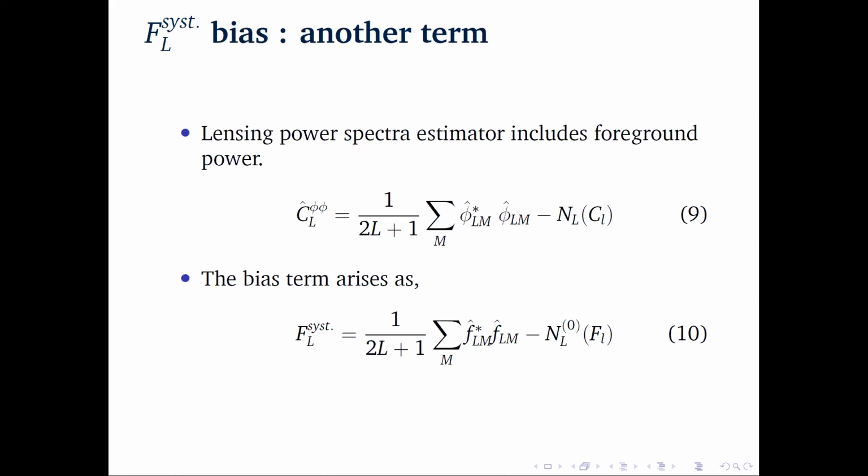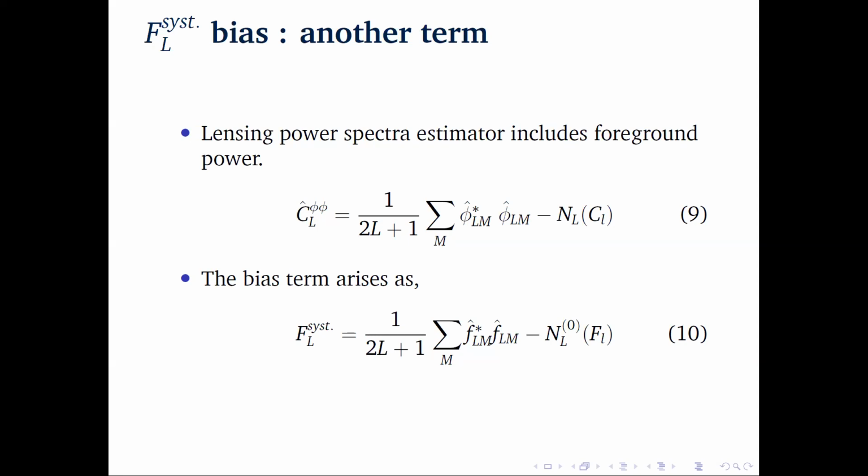So when we do this reconstruction with the quadratic estimate, there's another bias term that arises, where f hat is the quadratic estimate of the foreground maps, and this N0 bias is similar to the N0 bias I showed earlier, but we only use the foreground power spectra to compute it.